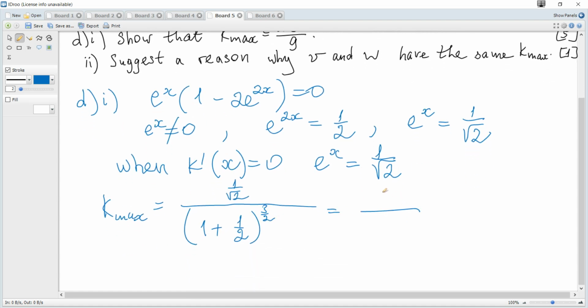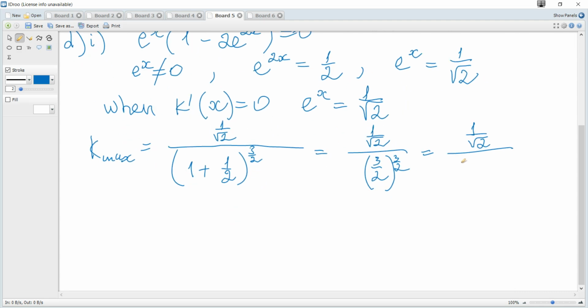So it becomes 1 over root of 2, 3 over 2 to the power of 3 over 2, and it's absolutely the same. So what is it? 3 over 2 times root of 3 over 2. Root of 2 cancels, and it's 2 over 3 times root of 3, and multiplying the numerator and the denominator by root of 3, it becomes 2 times root of 3 over 9.